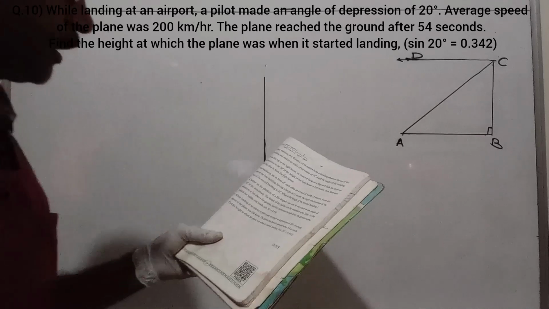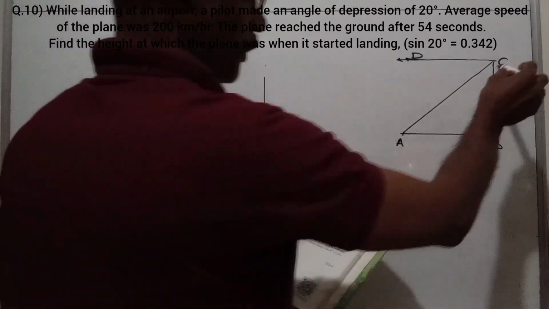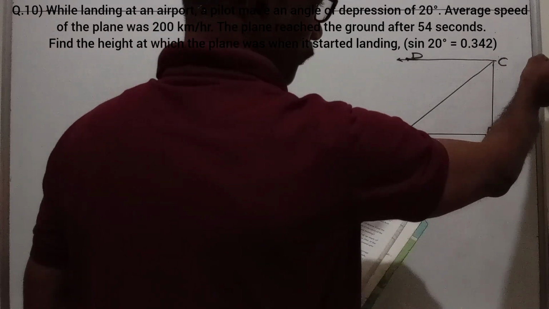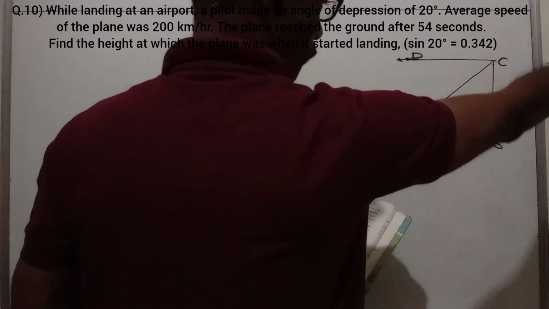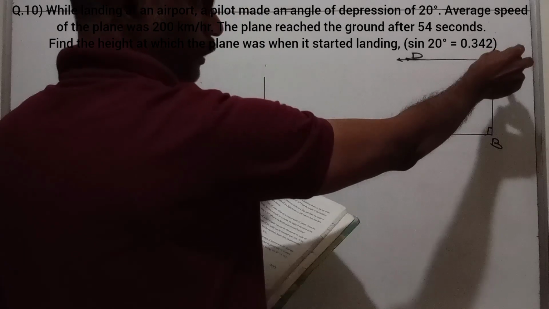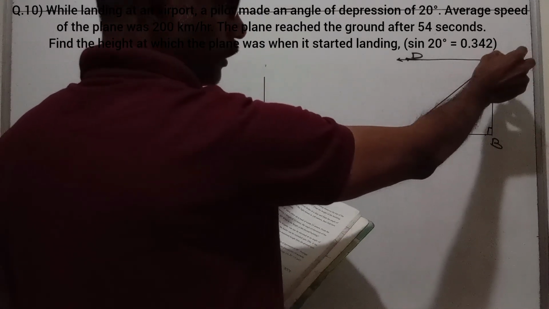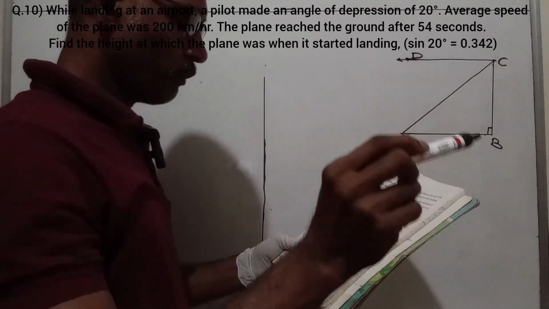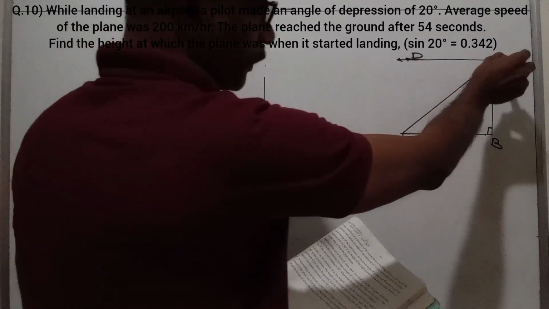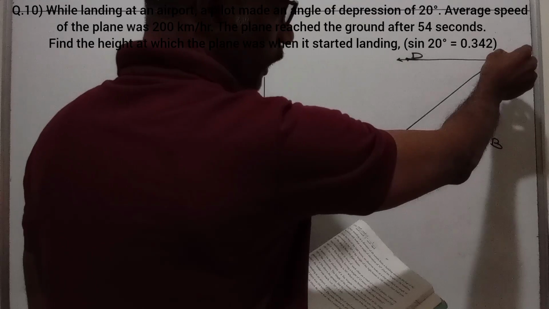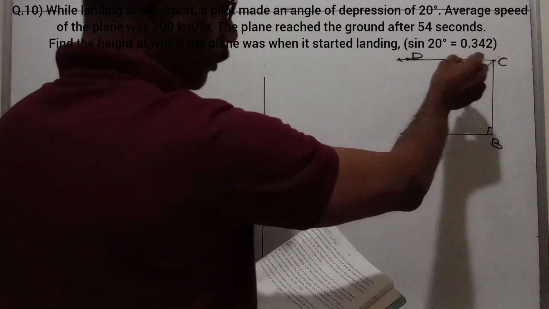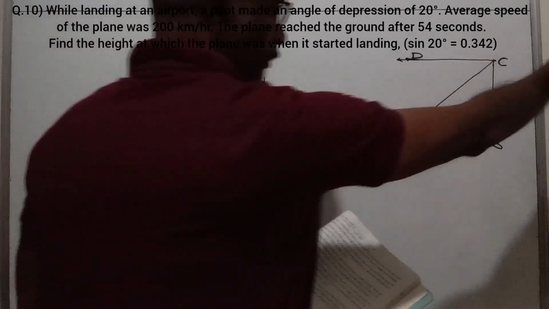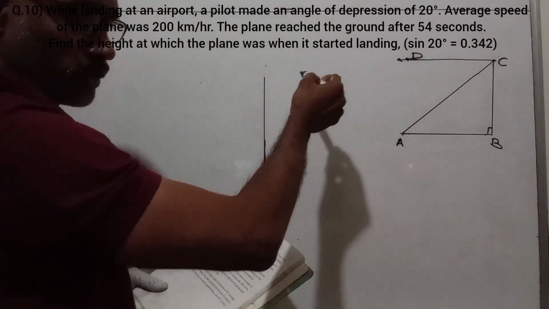While landing at an airport, suppose here an aeroplane is coming here, and when that aeroplane comes at C, a pilot made an angle of depression. This is the line of vision, means this is the route.